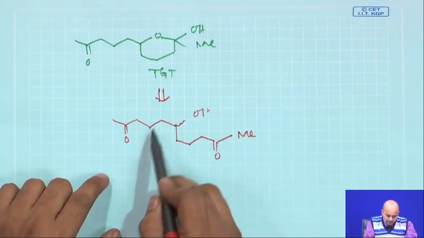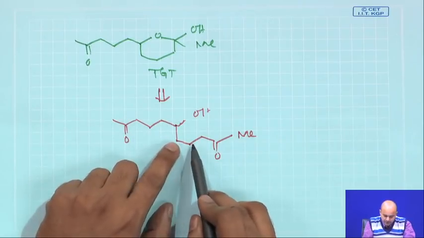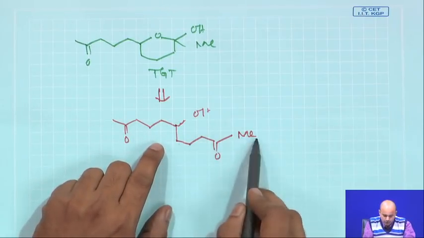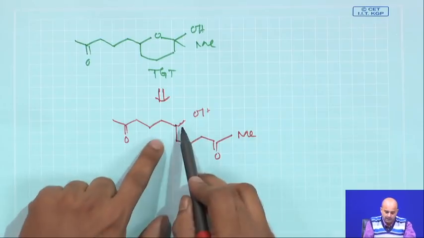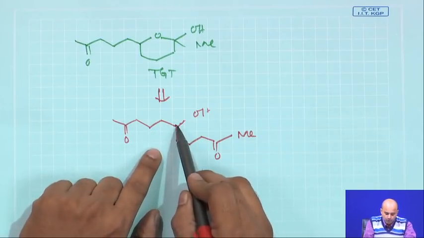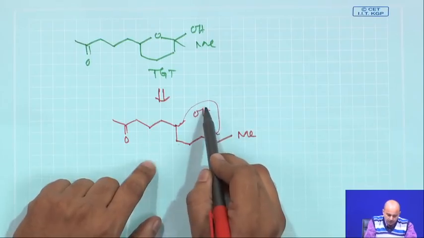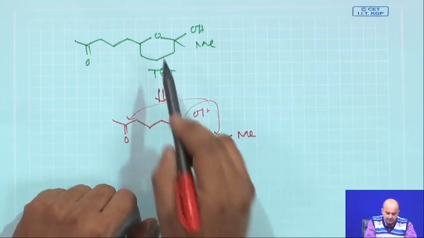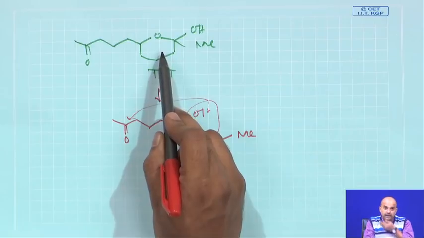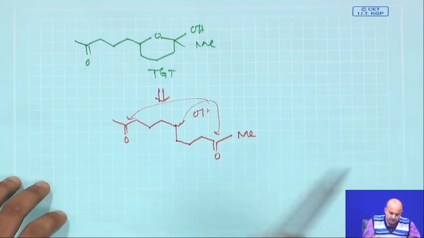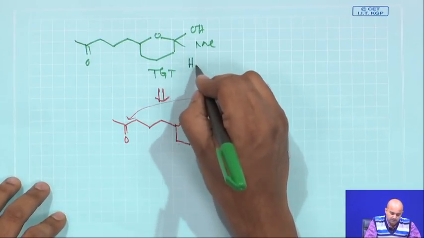You have a 3 CH2 on the left hand side and a 3 CH2 on the right hand side: CH2 COMe, CH2 COMe, and in between you have a secondary hydroxy group. One of these hydroxy groups will react either this way or this way and give you a cyclic hemiacetal. Now, this compound is basically a hemiacetal.